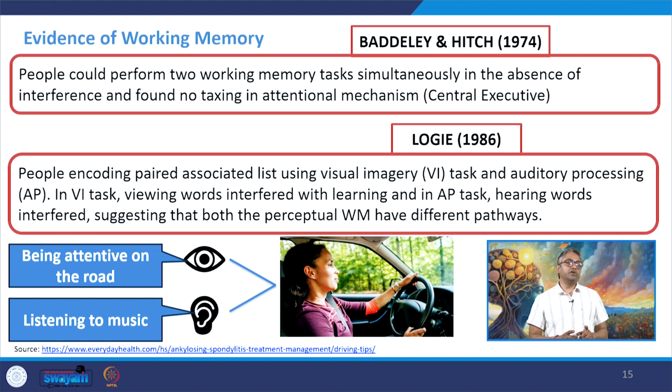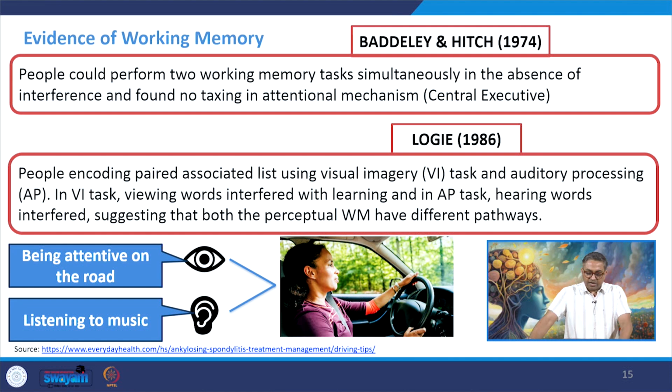Similarly, when the auditory task was being performed, the visual stimuli did not have any influence or interference on the auditory task. Seeing such a dissimilarity between the two modalities, Baddeley realized that these two systems are independent of each other.